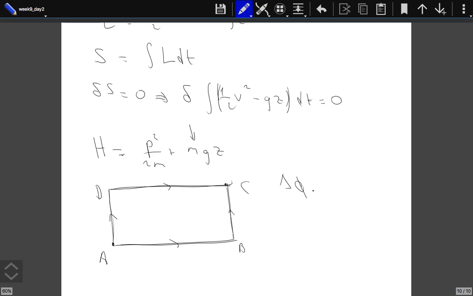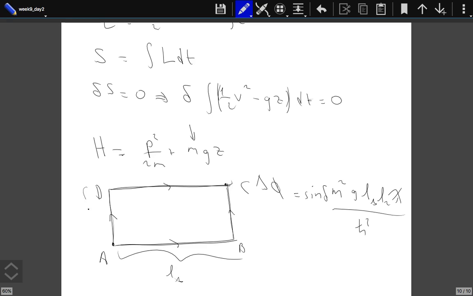This phase difference turns out to be m squared g L1 L2 lambda bar, where lambda bar is the de Broglie wavelength, divided by h bar squared, times sine of delta. Now L1, L2 are basically the lengths over here. This is L1, this is L2.